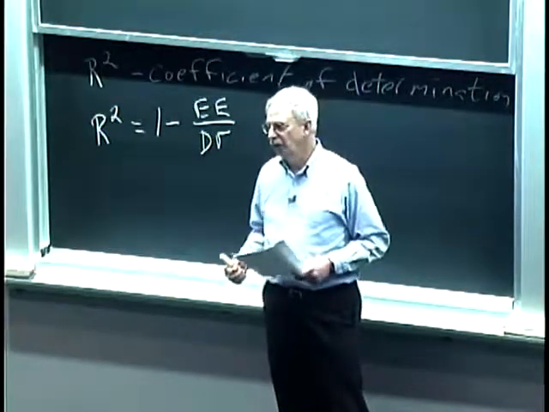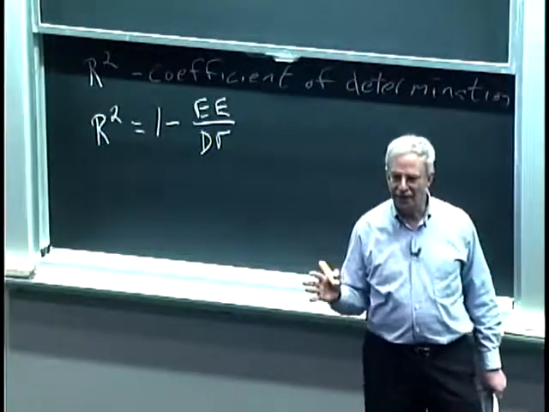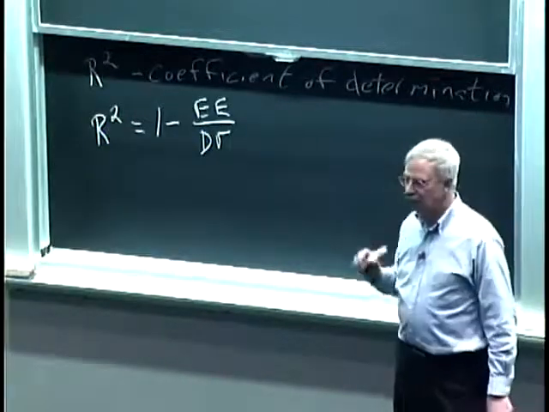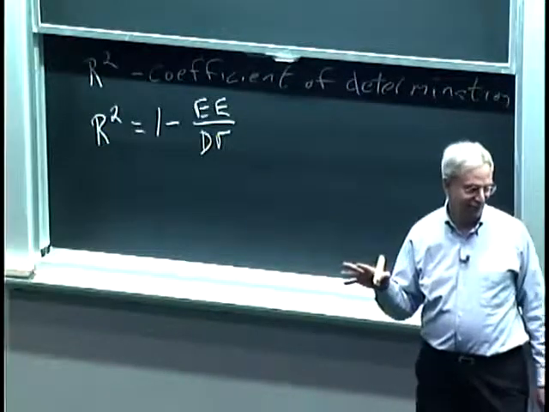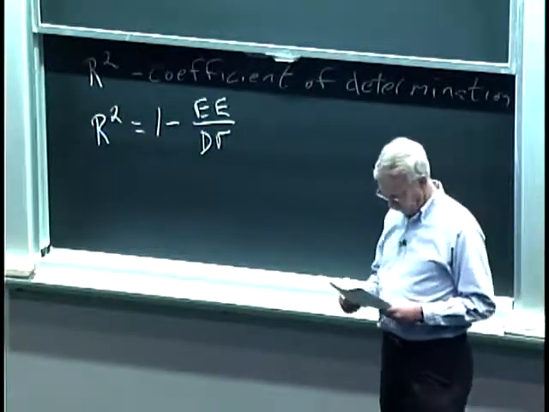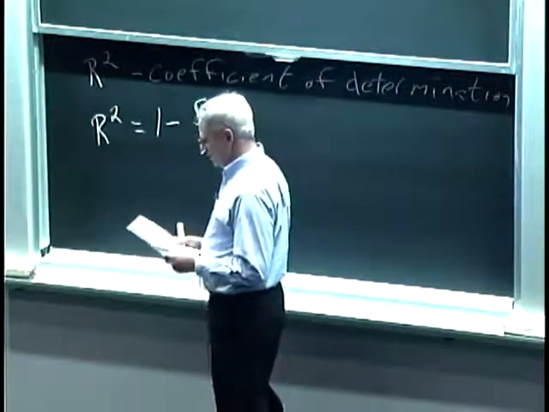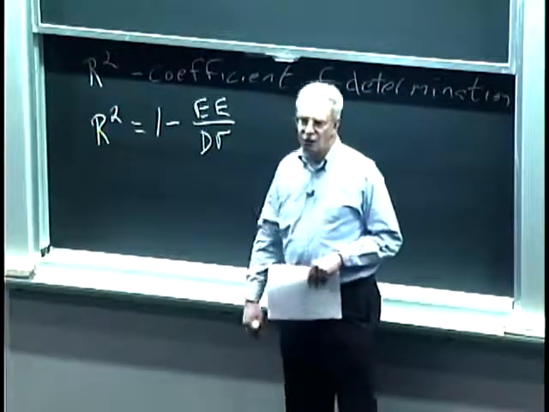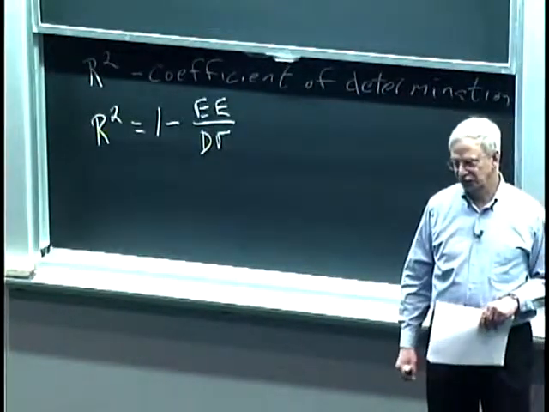And that will tell me how much difference there is between the predicted data and the measured data. And then I want to divide that by the variance in the measured data, the data variance.